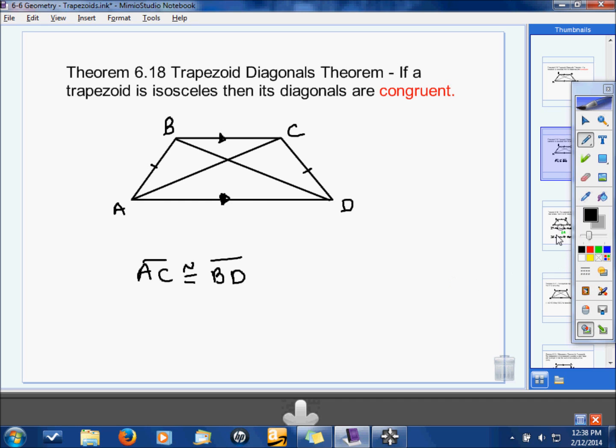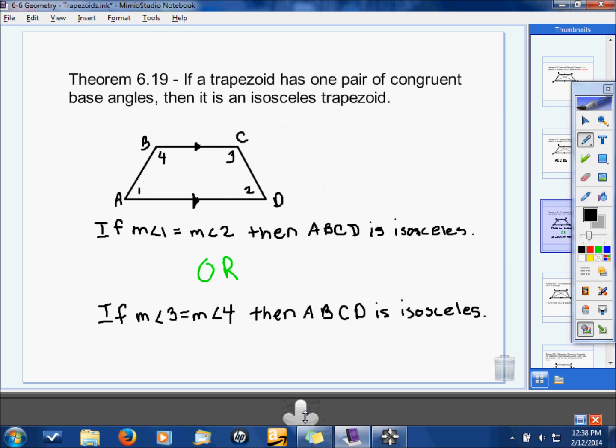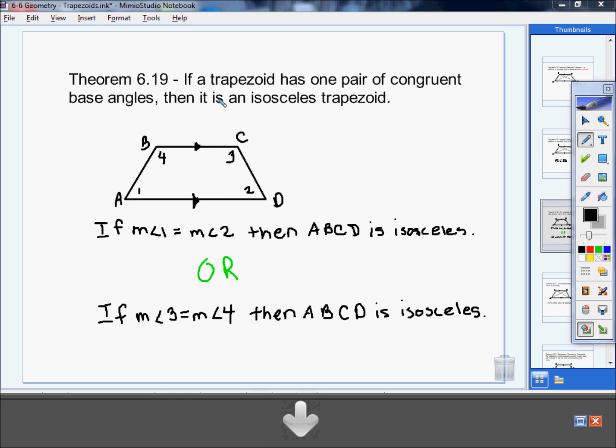Alright, moving right along. If the trapezoid has one pair of congruent base angles, then it's isosceles. You don't have to know that both pairs are congruent. You would be easily able to show that the second pair was congruent. But as long as one pair is congruent, then you have an isosceles trapezoid. In this case, it works for 1 and 2.